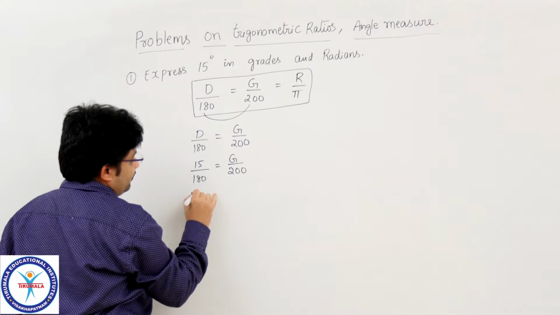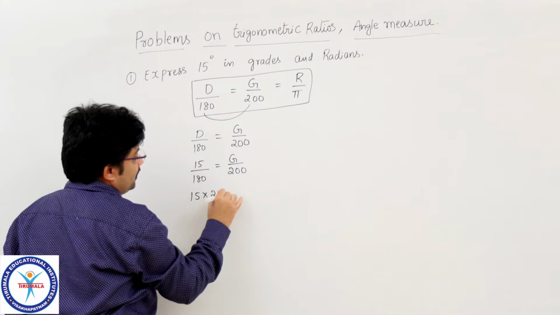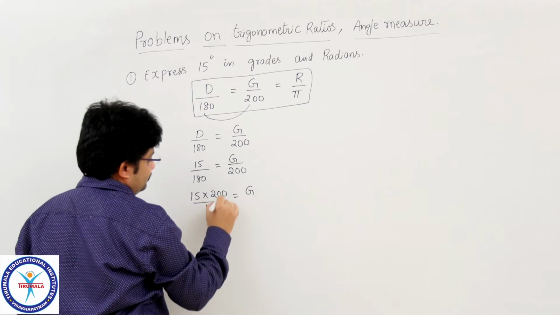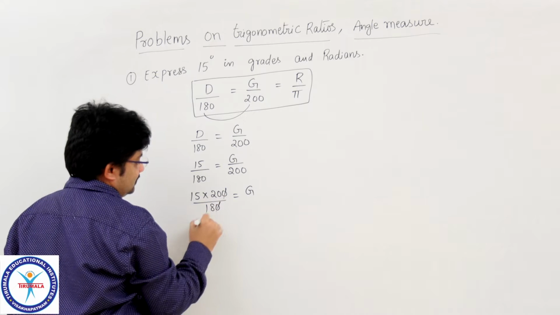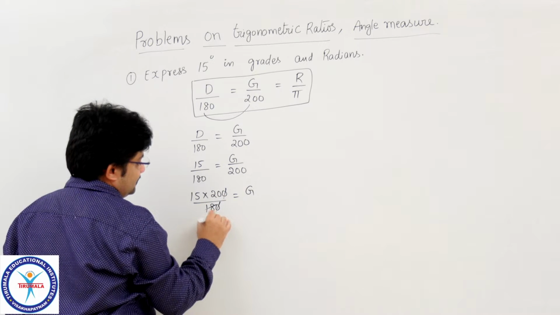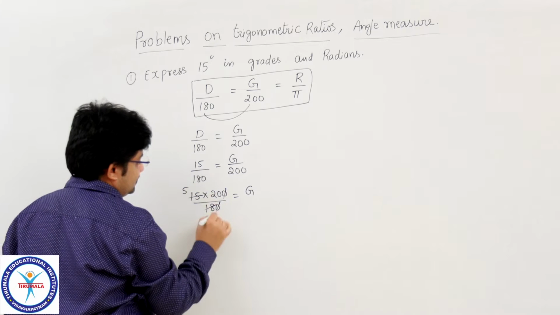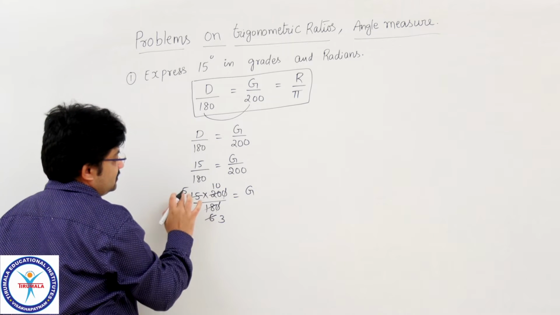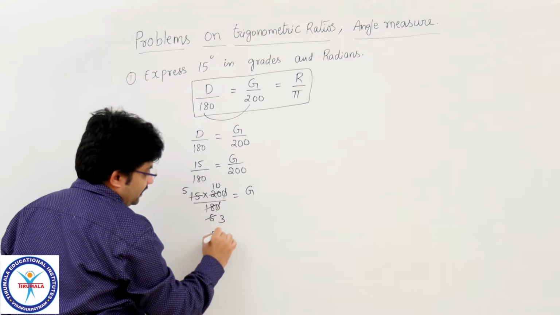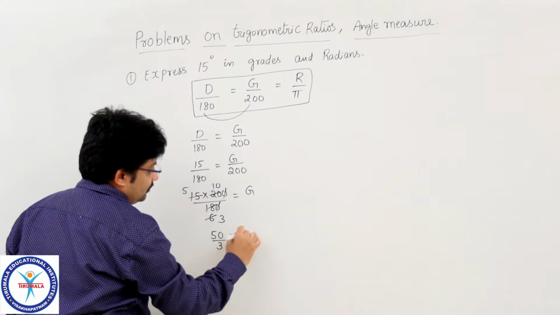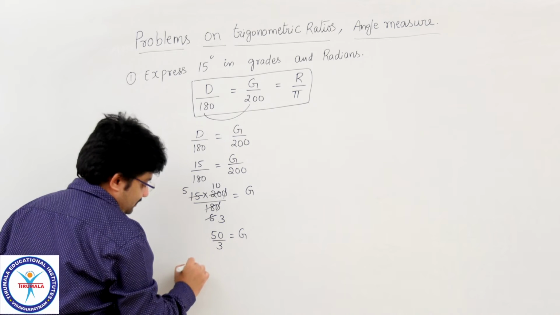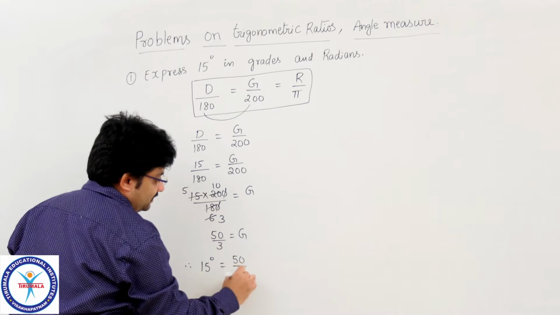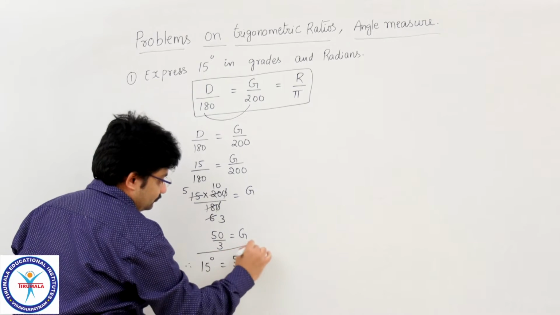That means 15 into 200 by 180 is equal to G. Cancelling this, 3 6s, 3 5s, 2 3s, 2 10s. That means 50 by 3 is equal to G. That means 15 degrees is equal to 50 by 3 grades.